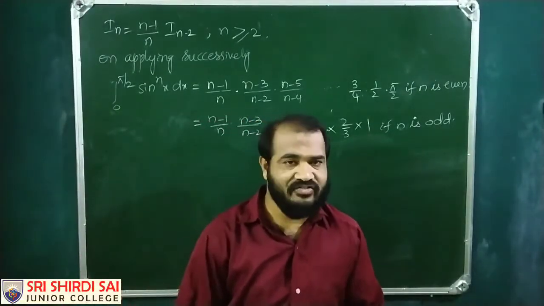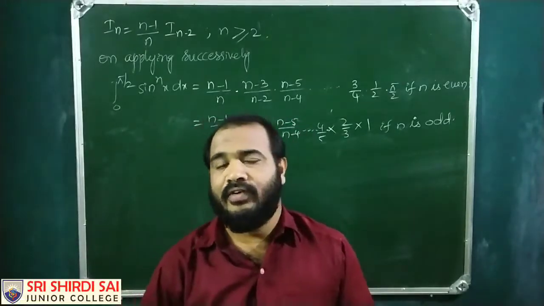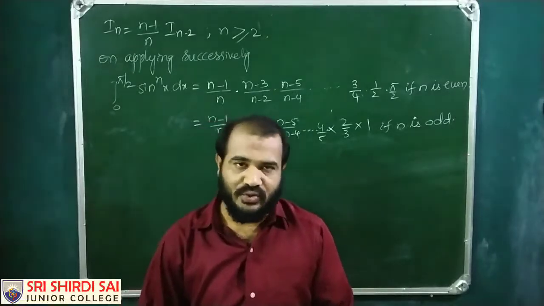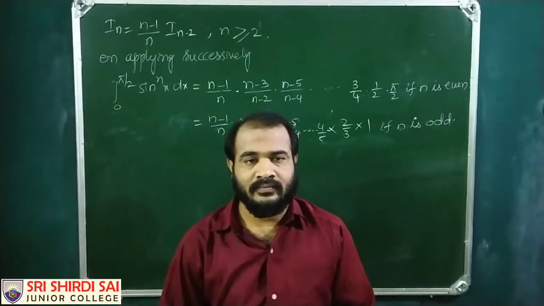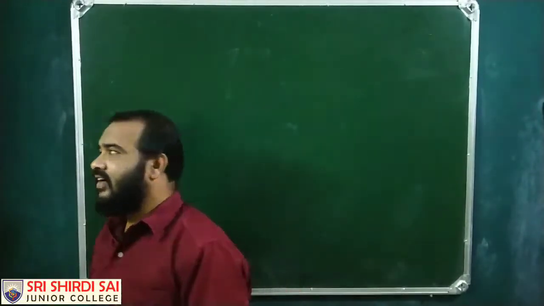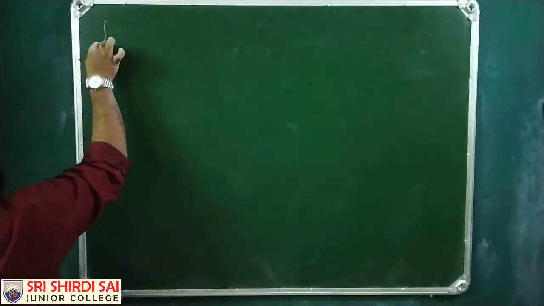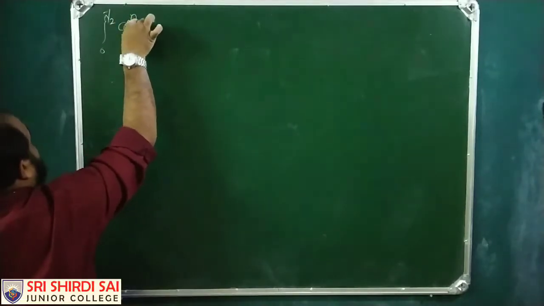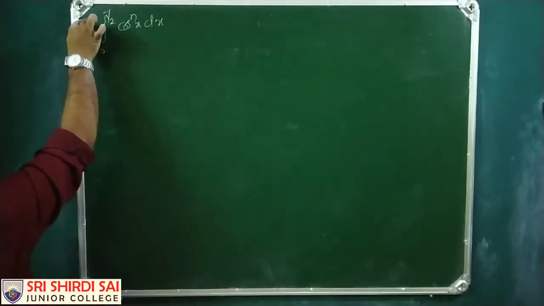If you do not understand this, then we will see integral 0 to pi by 2 cos power n x dx also. So let us evaluate integral 0 to pi by 2 cos power n x dx. Let us take it as In.